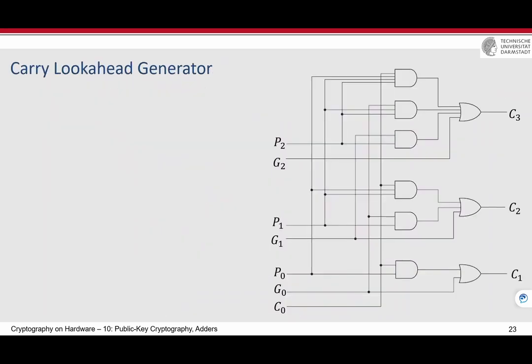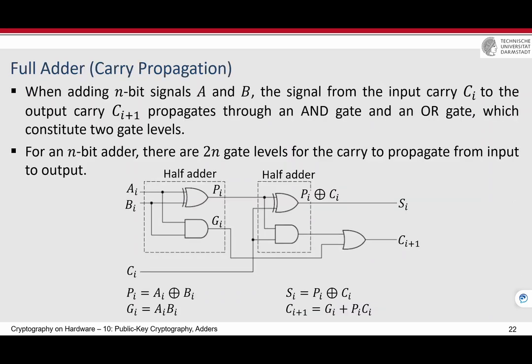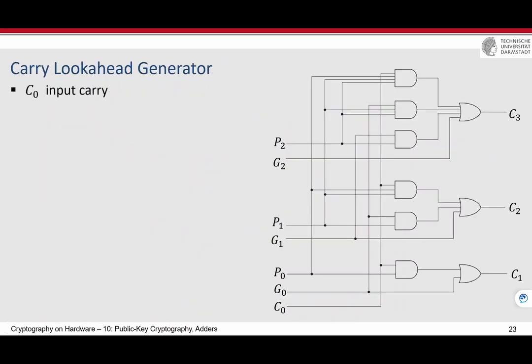Good. Now, based on this, the carry look-ahead adder is generated. We define Pi as AI XOR BI and GI as AI AND BI. Suppose we write C1 equals G0 plus P0 C0.